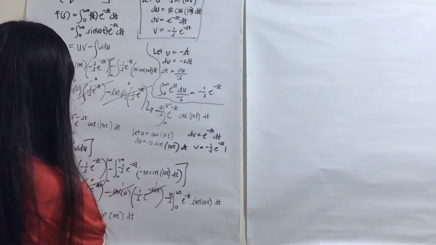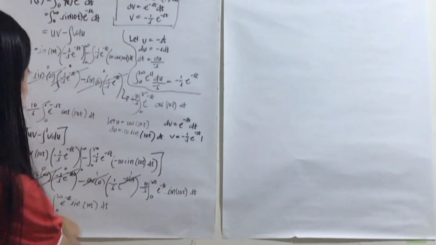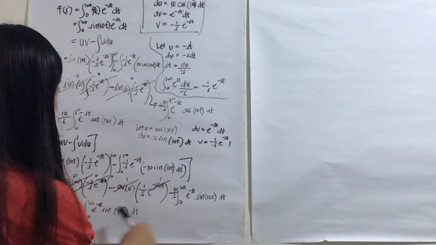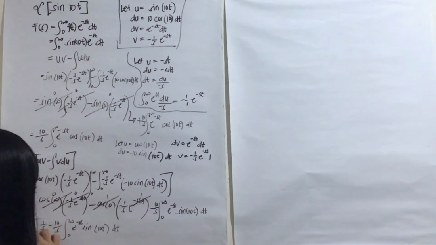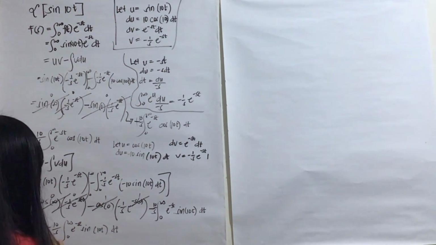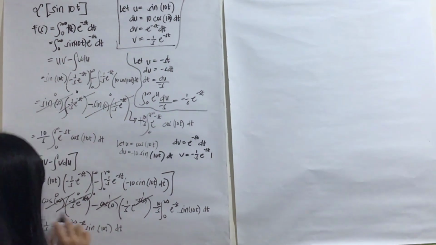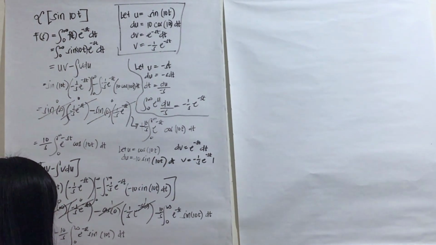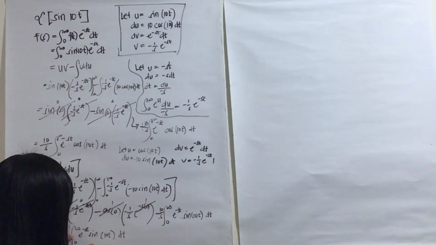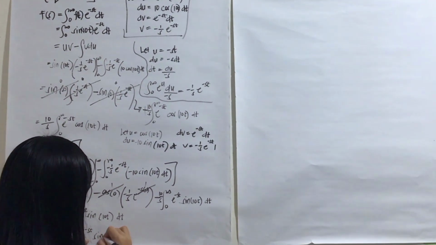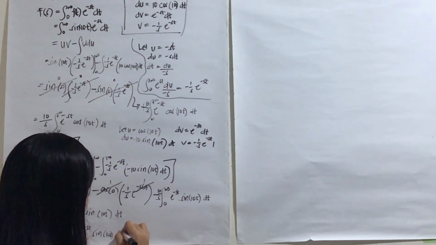And again, upon continuing solving this equation, we need to distribute 10 over s to this equation. So it will become 10 over s times 1 over s is equal to 10 over s squared, and then minus the negative sign here, and then we will multiply 10 over s times 10 over s equal to 100 over s squared. Copy the integral from 0 to infinity e^(-st) sine 10t dt.